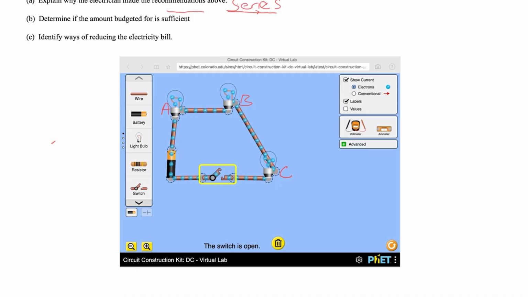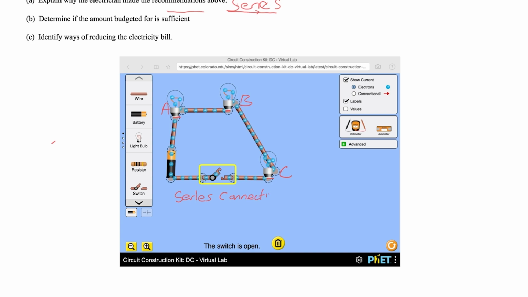Now, when you look at these bulbs, they are connected end to end. This bulb is connected with another end of the other bulb, and this end is also connected to this end of this bulb. We can say that this connection is a series connection.